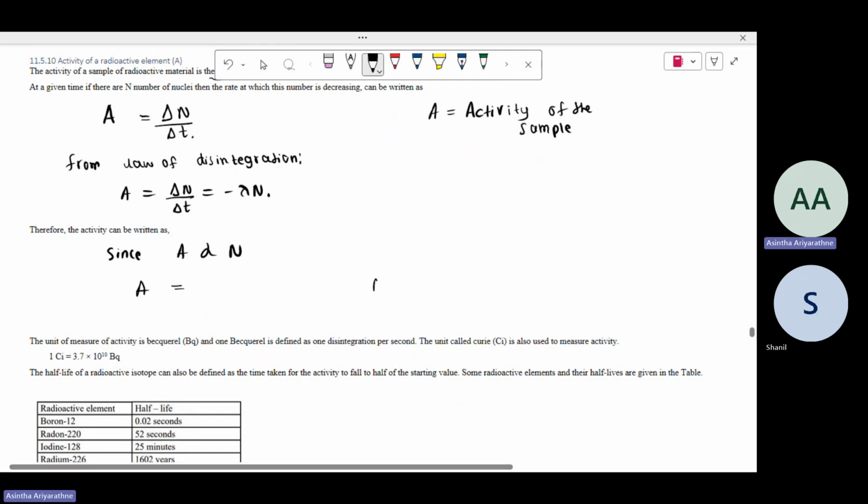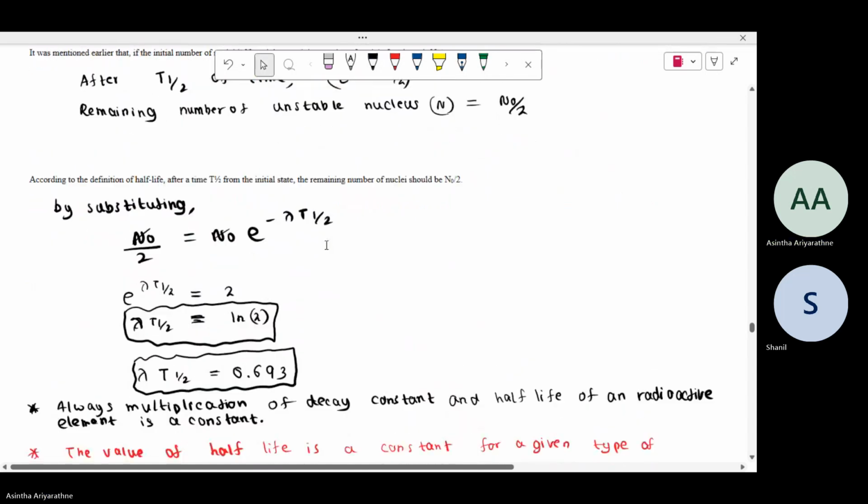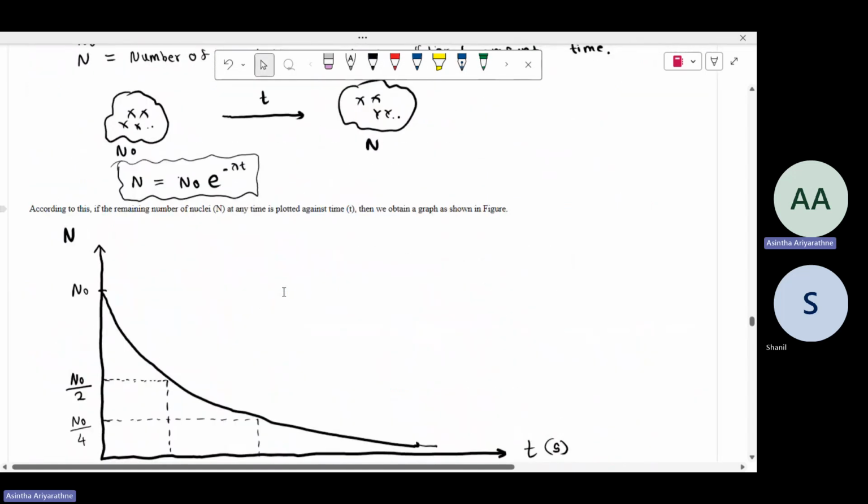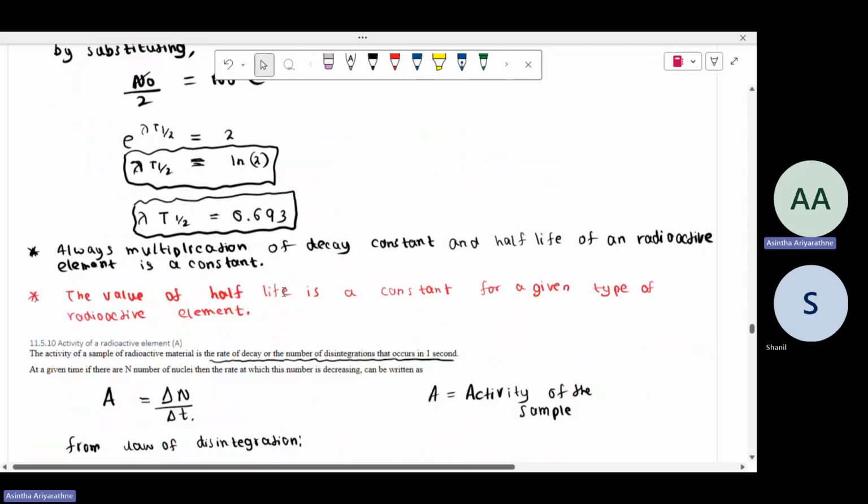So we have n is equal to n naught e to the power minus lambda t, the equation which we learned here.